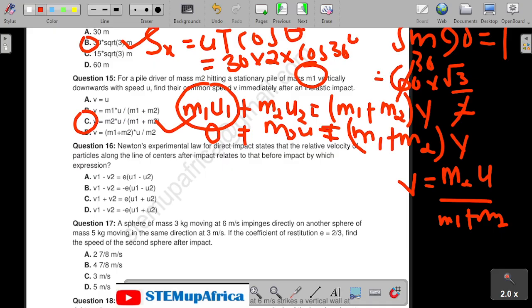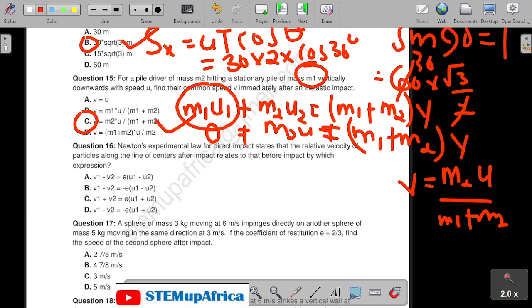This part of the question is a little bit advanced. I don't know if your school has done that, but we're going to handle it and see. So the e, like I said, is the coefficient of restitution. So how does that relate to impulse and momentum? Let's check it out.